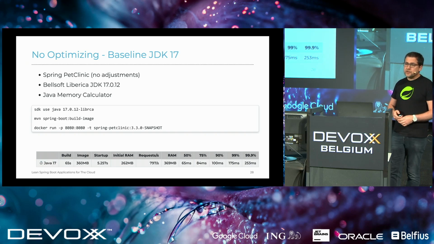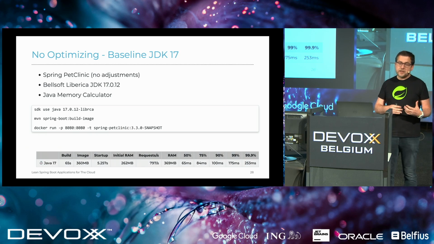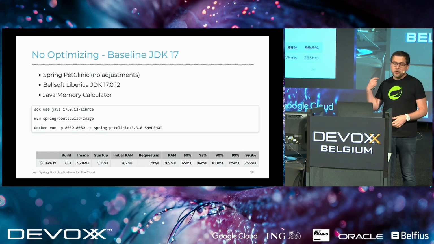Great. So let's have a look at the Pet Clinic without any changes. I use Java 17, the default Java memory calculator, no adjustments, and I just built the application, which took 65 seconds with Maven. The image produced is 360 megabytes with Java 17.